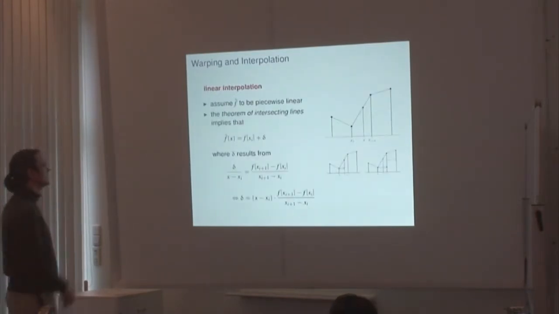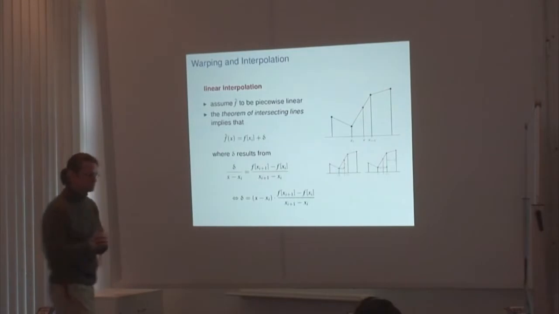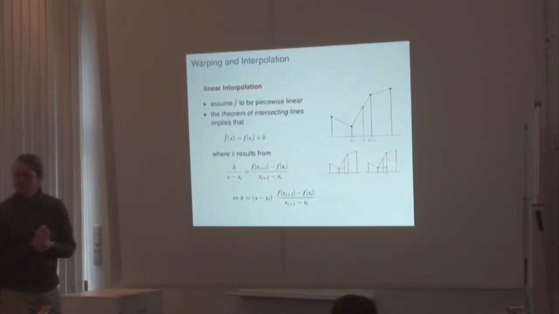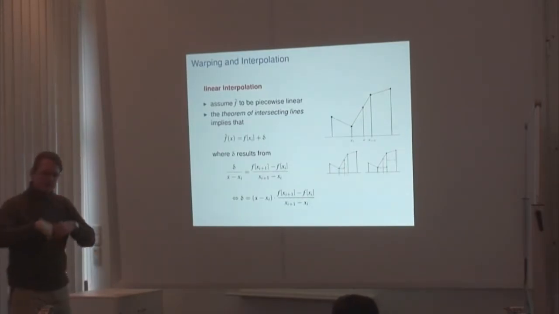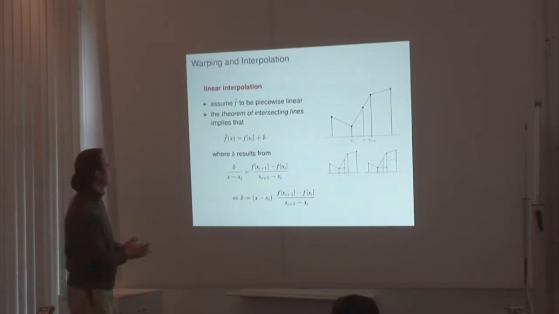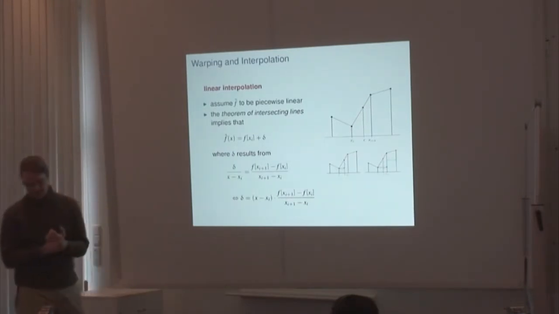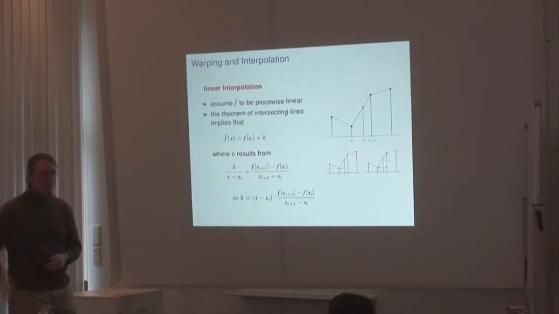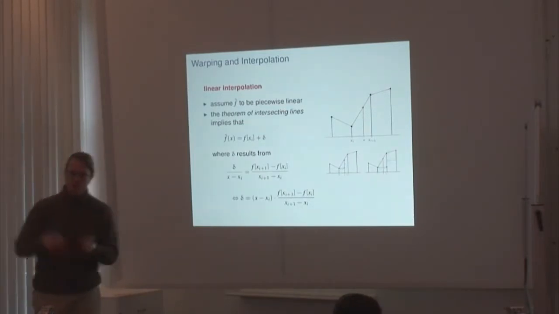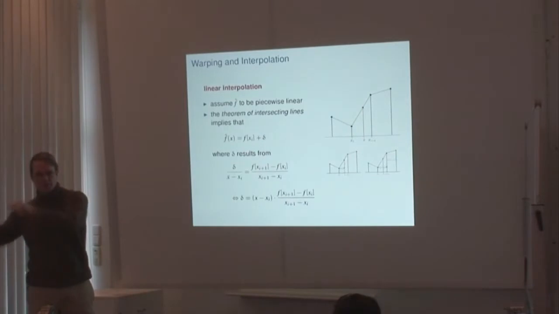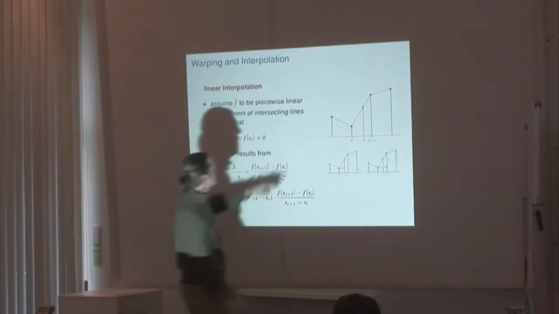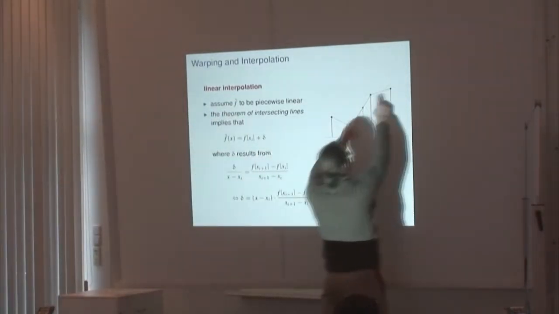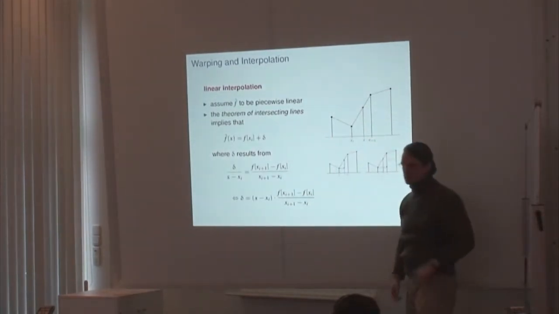Here's another idea. We can assume that this interpolation function f hat we are interested in is not a step function, but consists of lots of line segments. That is to say, we assume that this f hat is piecewise linear.